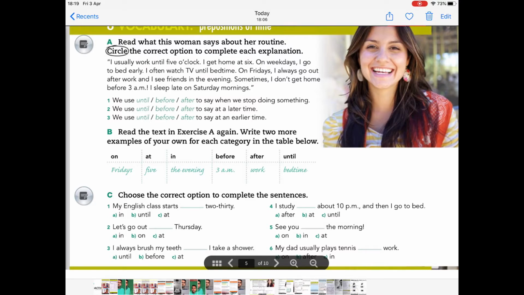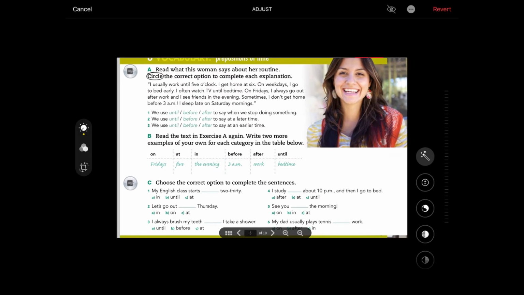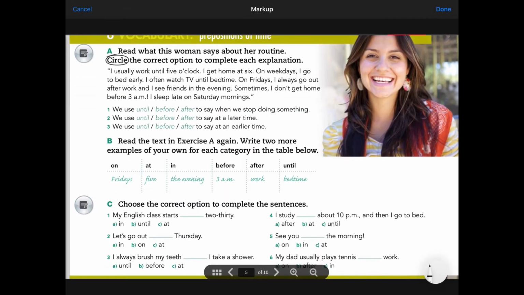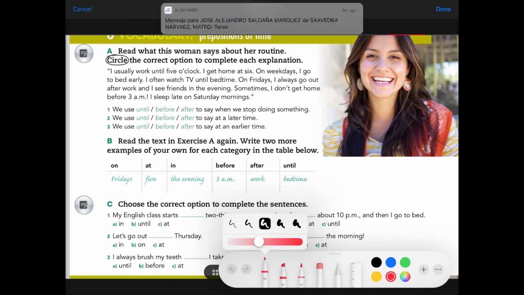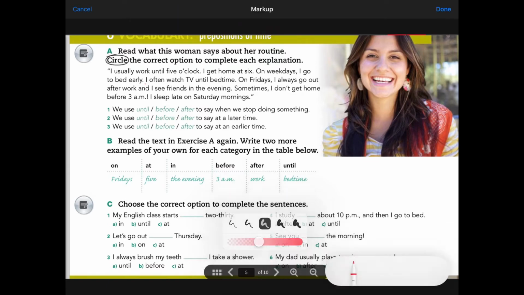Okay, so I hope that you understand this whole text, and let's see what this activity is about. We use until, before or after to say when we stop doing something. Okay, so here we have an example. Let me mark this for you so you can have an idea of what I'm talking about.